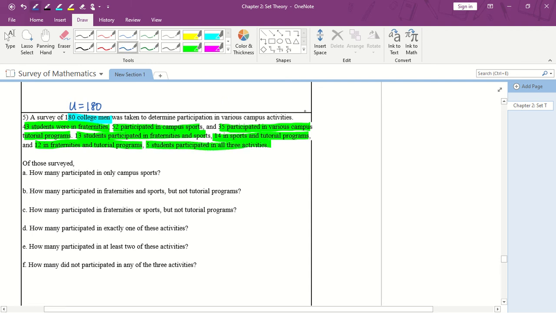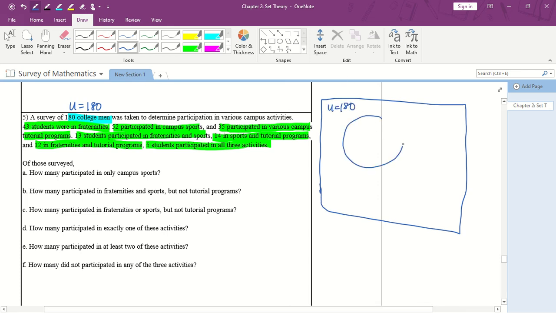And now we need to do the Venn diagram again. So we draw a Venn diagram here. U is equal to 180 and we will draw 3 big circles. So we have 3 sets here.